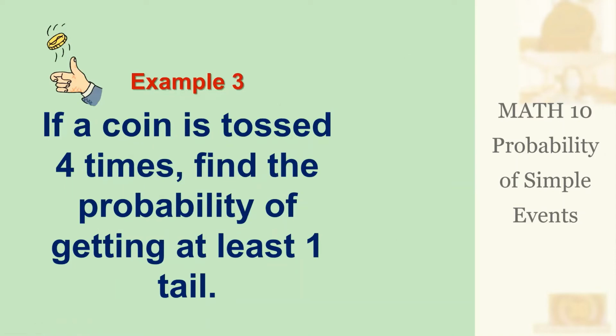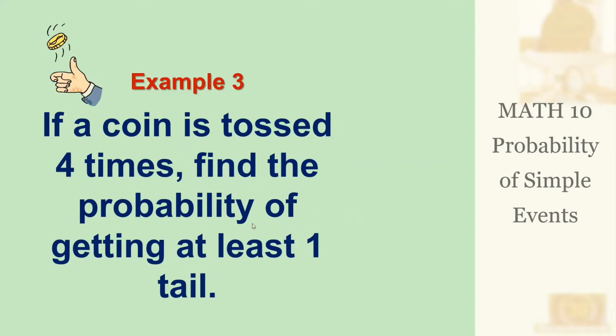Can it be solved without listing the outcomes? No, there's no other way. You have to really count. There's no shortcut. You really have to count head, head, head, tail, tail, tail, and so on.